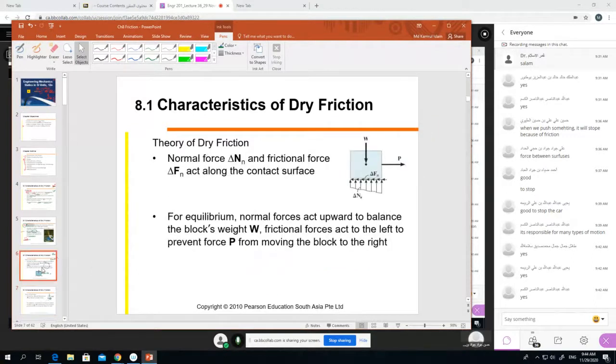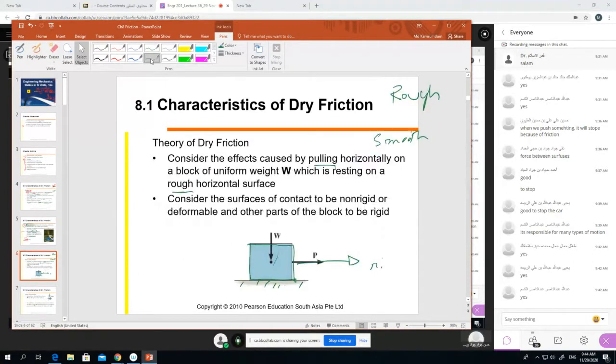Now what happens? You have a block with some weight and you try to pull it. It will try to move in that direction, because you want to move it by pulling it.